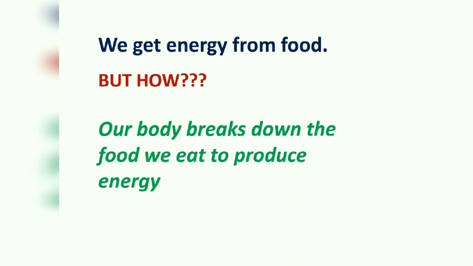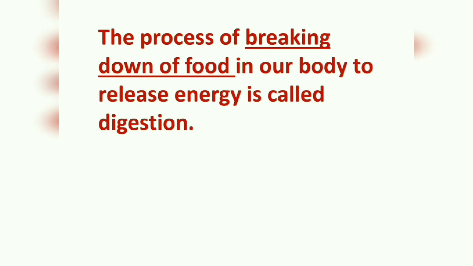And this breaking down produces energy. So, our body produces energy from food by breaking it down. And this process of breaking down of food in our body to release energy is called digestion.